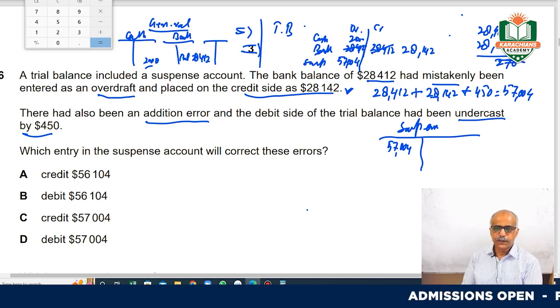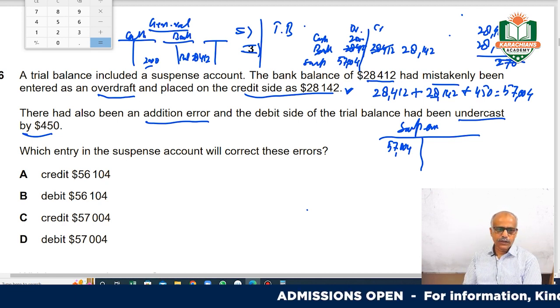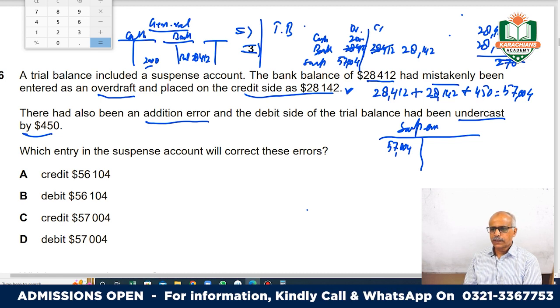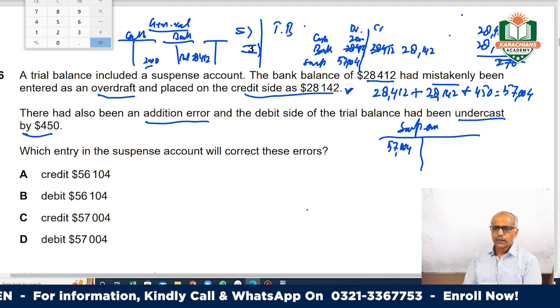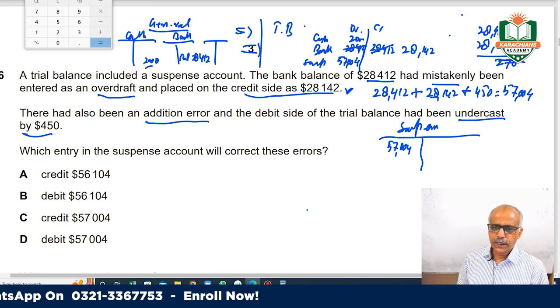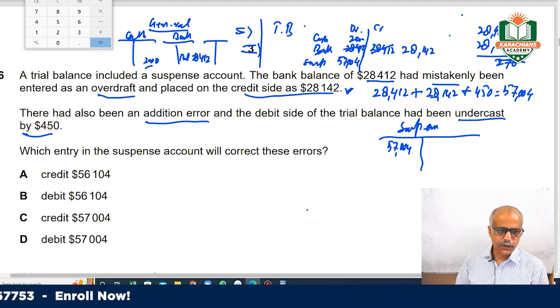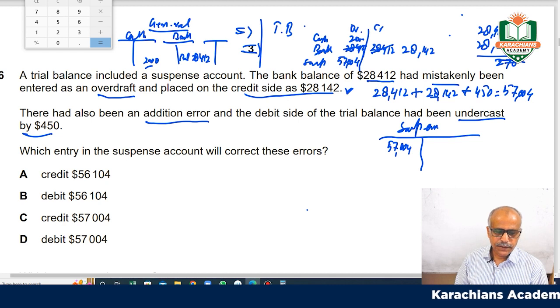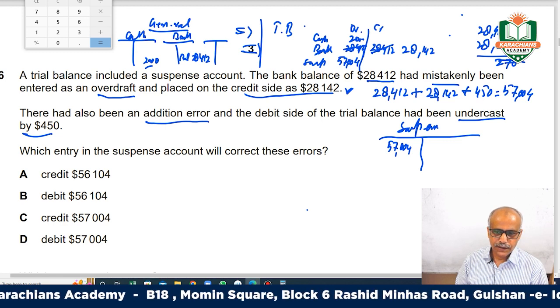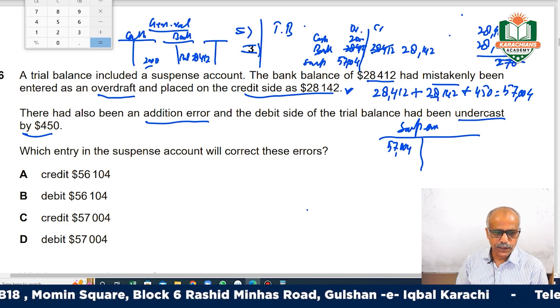What students mistakenly say is that the debit side is short, so they sometimes put this 57,004 on the credit side.